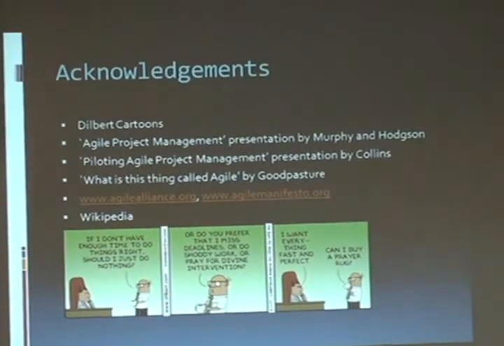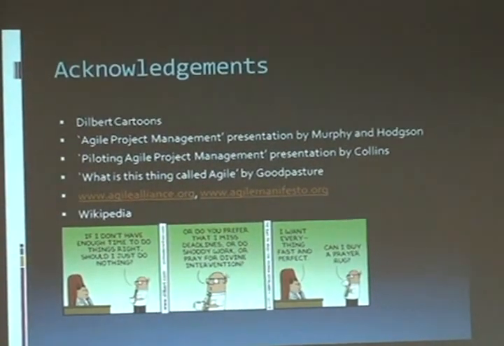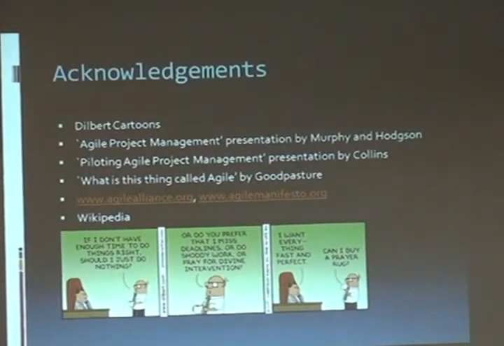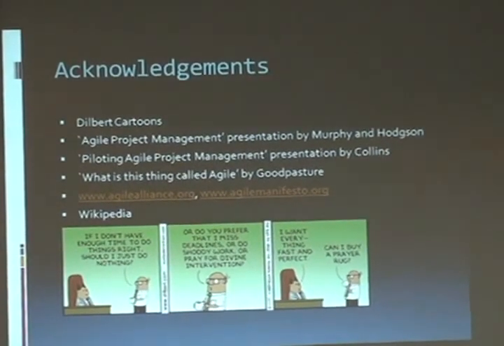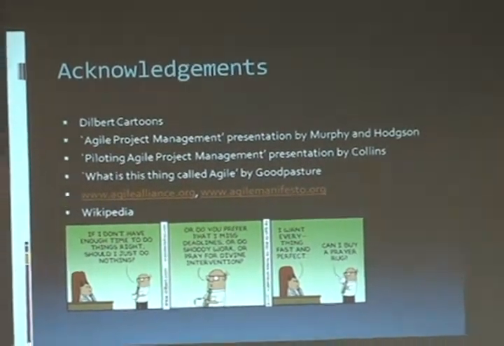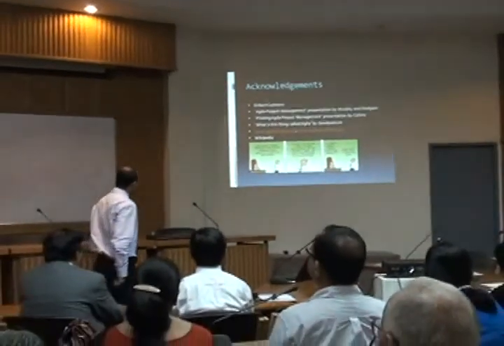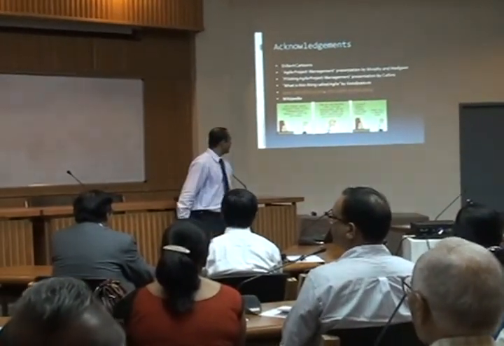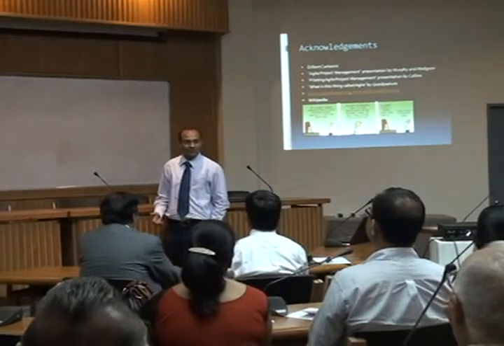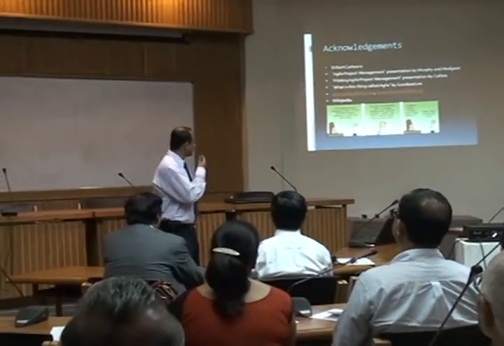And let's end with another nutty project manager's boss. Again, this is not a prepared or orchestrated thing. This goes back to your point, sir. Said that if I don't have enough time to do things right, should I just do nothing? This comes to the boss. Okay, you don't get the right time. What do you do?